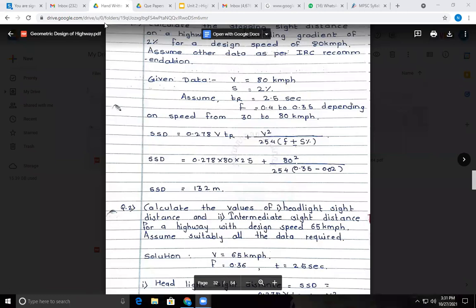Calculate the values of headlight sight distance and intermediate sight distance for the highway with the design speed of 60 kmph.